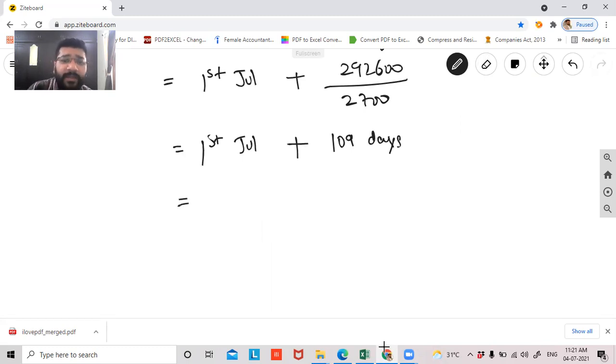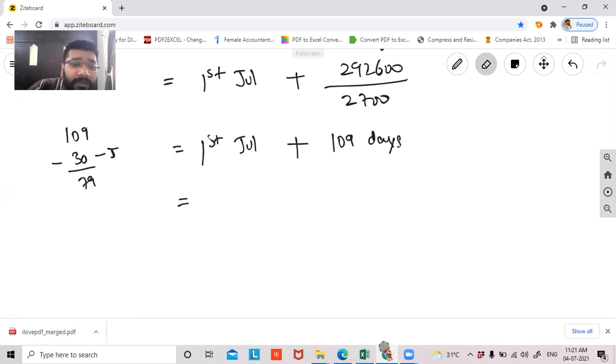So guys, from 1st July calculate 109 days. That will be the average due date. In July, 31 days are there, minus 1 day, 30 days of July gone. So 109 minus 30 is 79.